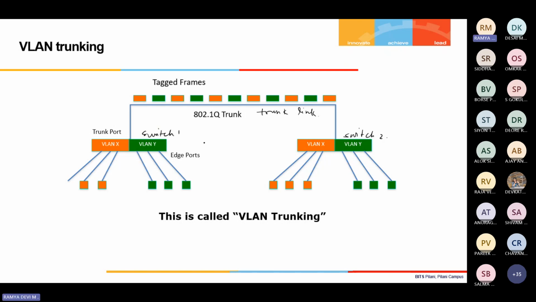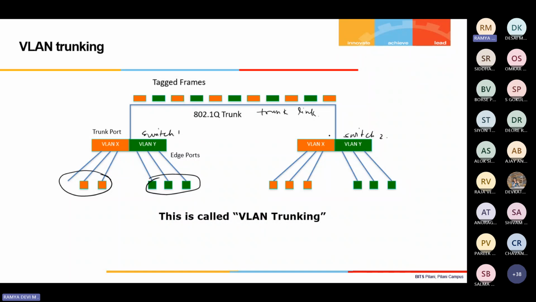So two switches are managing two different VLANs, X and Y. VLANs logically segment the network. These devices are connected to X and these devices are connected to another virtual local area network, that is Y. So there is a trunk link which is connecting these two switches.